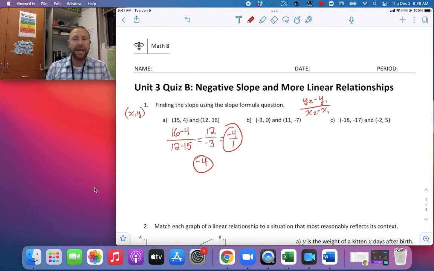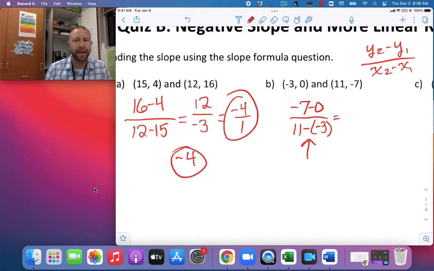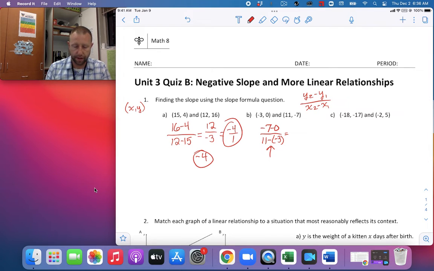Right? For B, same thing. I'm going to subtract the y values on top. So that would be negative 7 minus 0. I'm going to subtract the x values on the bottom. That's 11 minus a negative 3. Now, some of you miss these problems because of the negatives, right? You're supposed to subtract everything, but if it's a negative, subtracting a negative like what we have right here is the same thing as adding a positive, right?